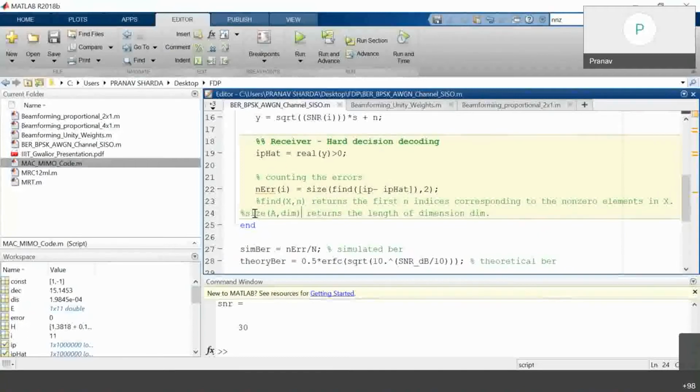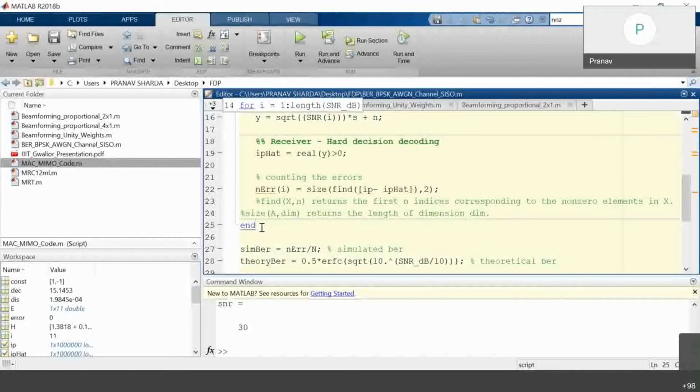And then we have the size command. In general, if we are interested in finding the size of A comma some dimension, it will return the length of the dimension. So basically, it will count the number of elements in that particular array or vector. It will return the length of that dimension.